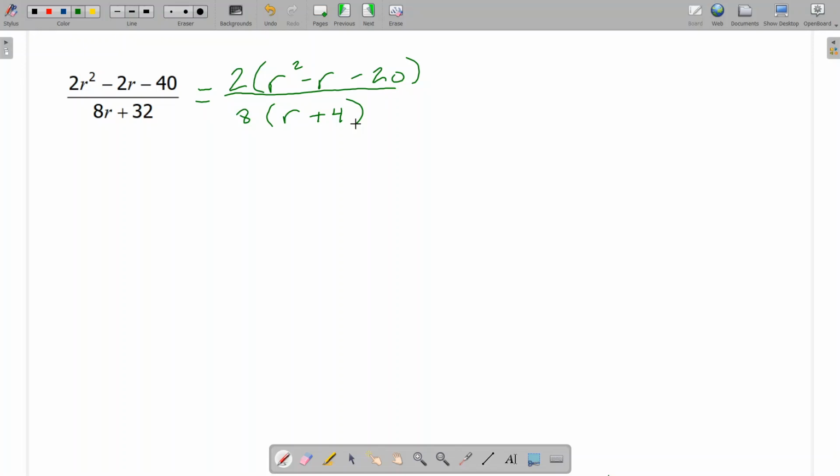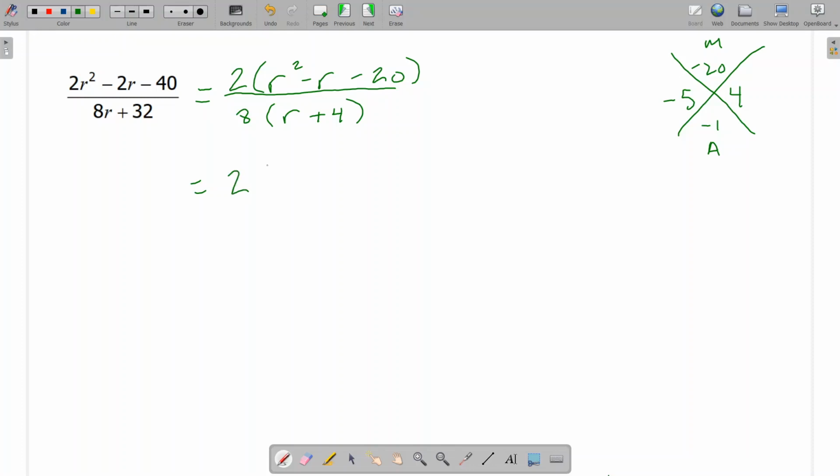And then in my numerator, I want to go back and further factor that trinomial, the r squared minus r minus 20. Okay, so I'm going to use my x to factor. I want to find two numbers that multiply to negative 20 and add to negative 1. So that would be negative 5 and positive 4 here. So now we're going to factor again in the numerator. Everything else is staying the same.